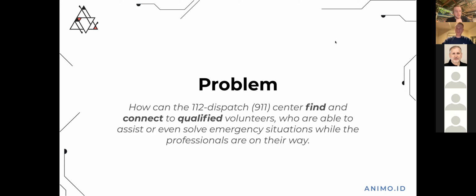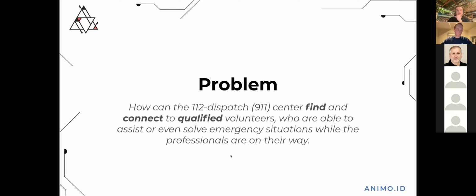Oftentimes there are a lot of people that can help in situations, but maybe the dispatch center can't find them, or they're scared that if they just send somebody to an emergency situation, whether that person is actually qualified to do these things. Like, you don't want to send someone to an emergency to do CPR if they're not actually qualified to do that.